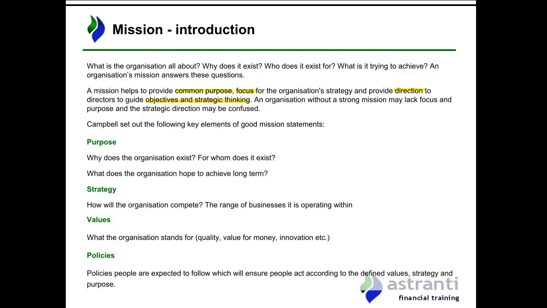So starting off then, let's begin with purpose and try to answer some of these questions. Why does the organization exist, and for whom does it exist? Answering this question can be quite difficult, given that we don't really know why the founder initially set it up in the first place. So we'll just say that obviously the founder set it up as a business opportunity for him. We had a glassblower who went into business and decided to develop that business into an internationally recognized manufacturer.